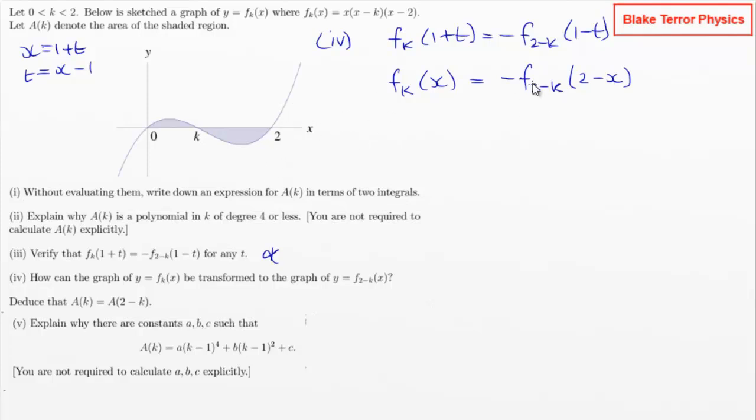Okay. So we're starting from fk of x, and we want to get it onto this graph. So that means that we've got 3 translations here. Well, there's lots of different ways you can do transformations though, isn't it?